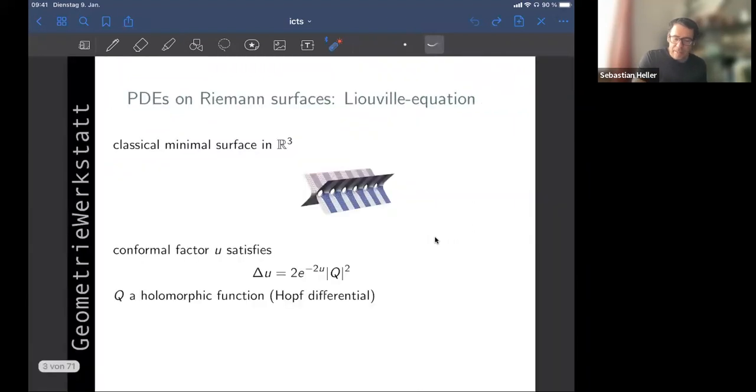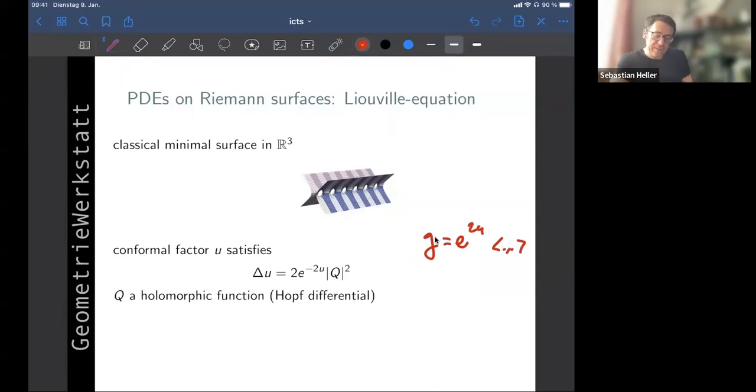In particular, you can describe the conformal metric in terms of a conformal coordinate on your surface. So if the induced metric g is e to the 2u times the standard Euclidean metric on the domain where you parameterize your surface, then the conformal factor satisfies this nonlinear equation, the Liouville equation.